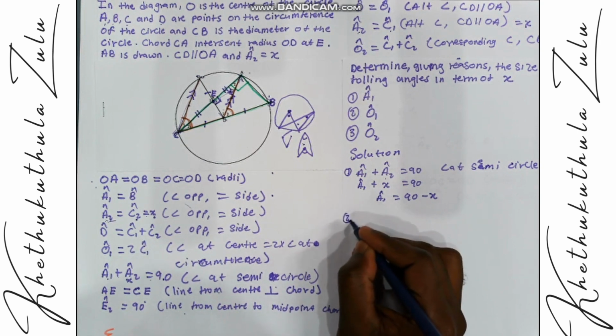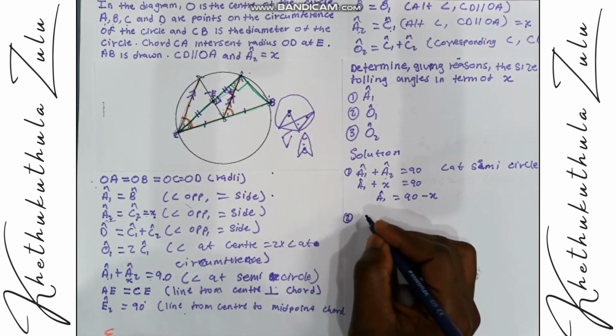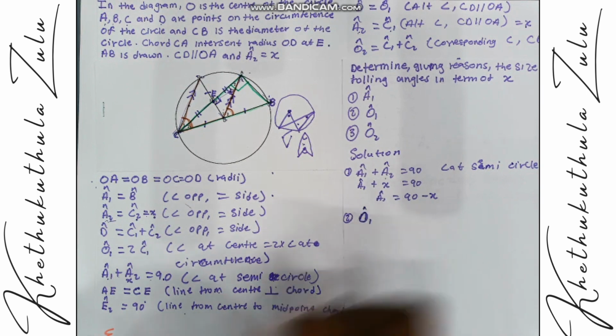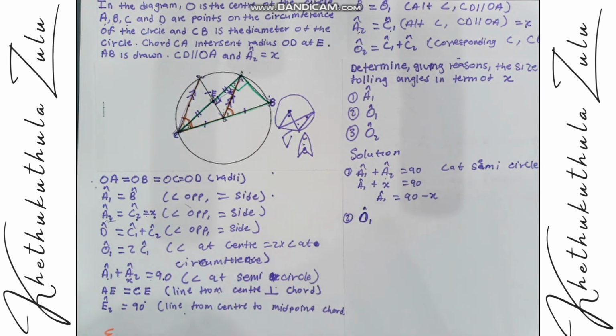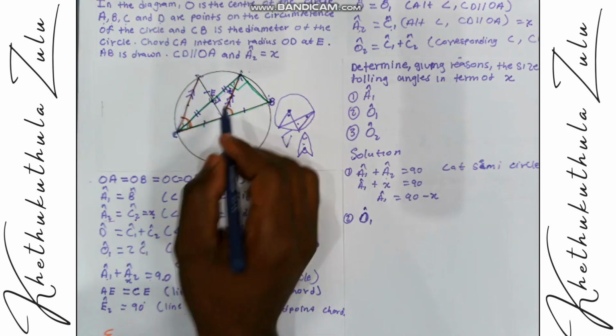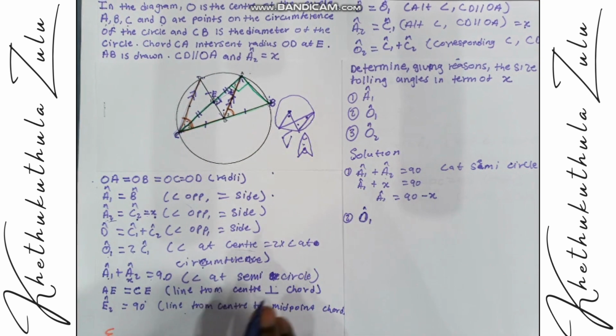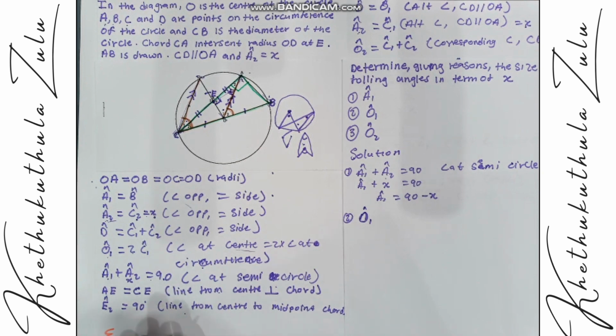Then number 2, they are saying we must find O1. O1 is equal to 2 times C1, angle at center twice the angle at the circumference. This angle here is twice the angle that is here from our analysis in our diagram.